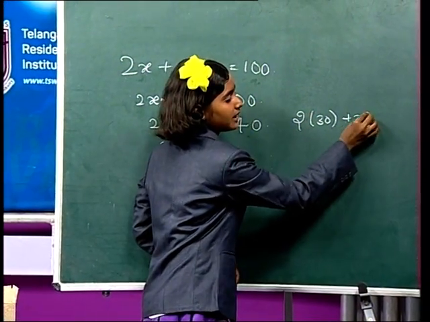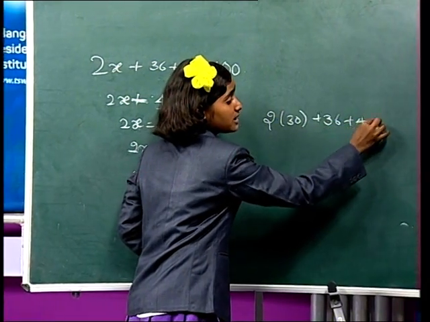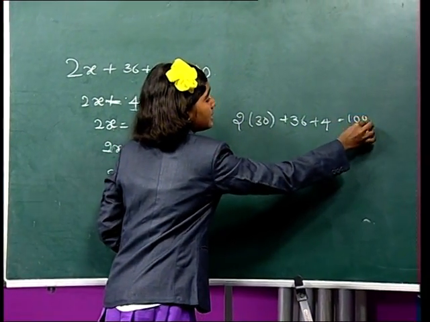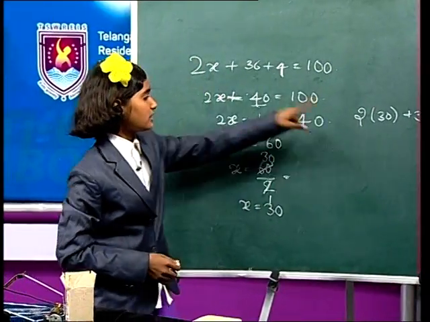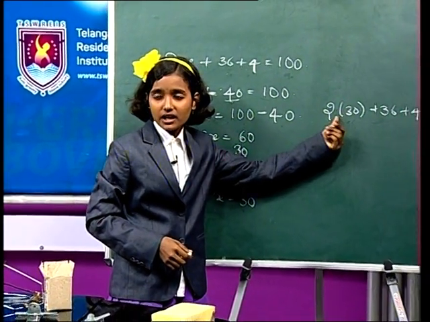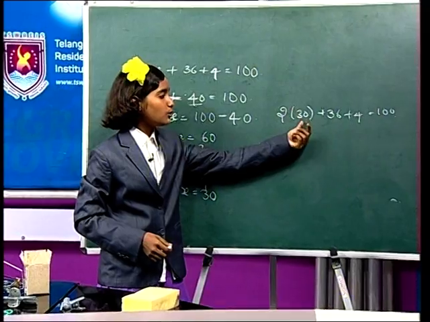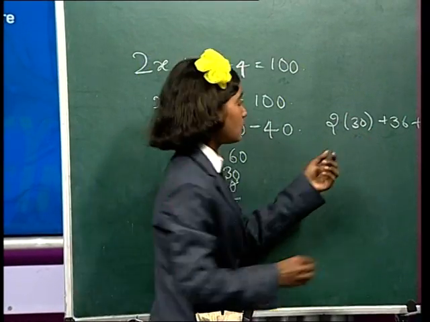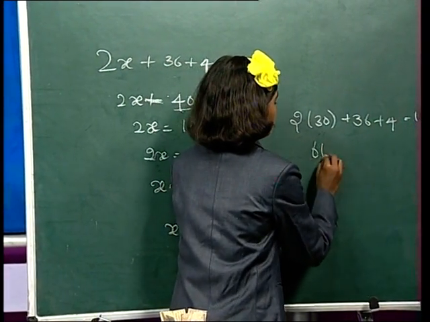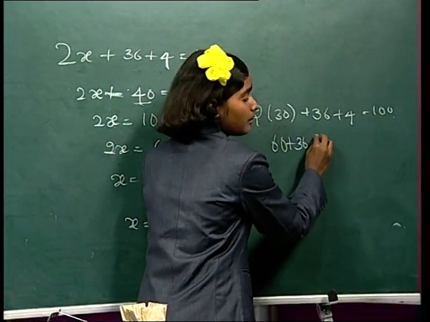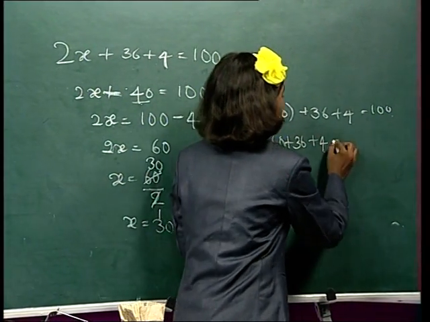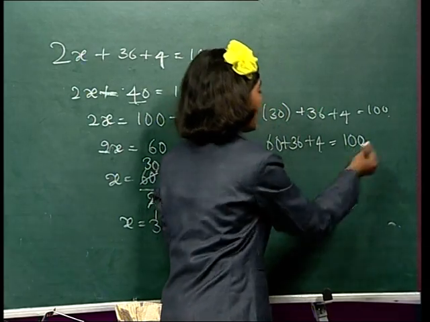Plus 36 plus 4 is equal to 100. Here x equals 30, so that's why we multiply 2 with 30. So 2 thirties are 60, plus 36 plus 4 is equal to 100.